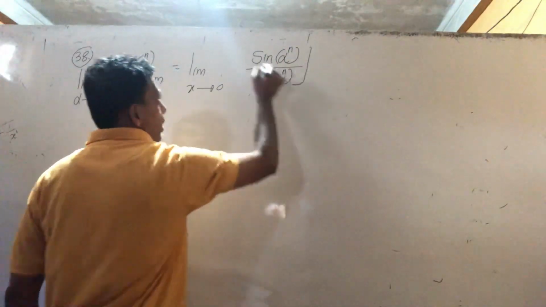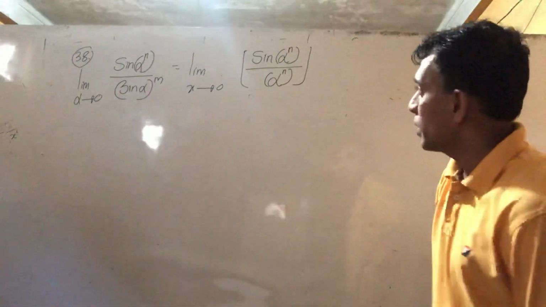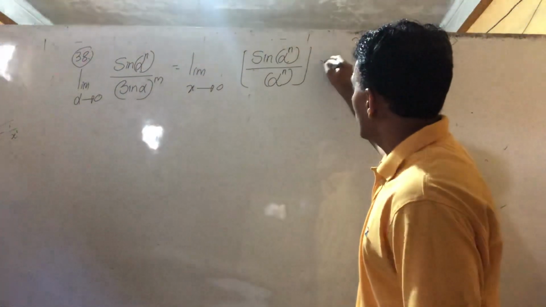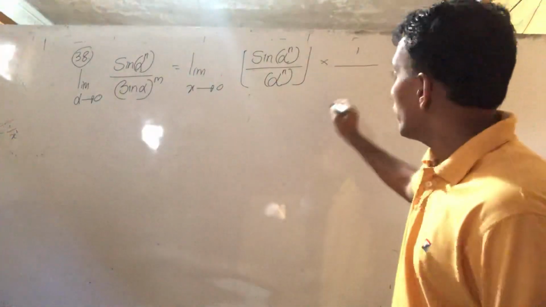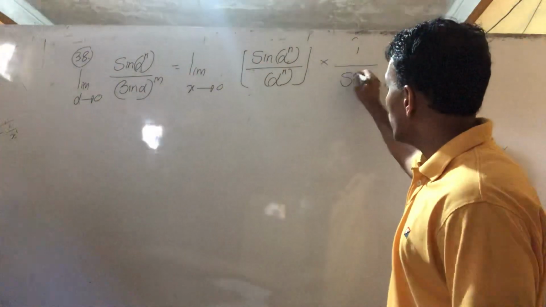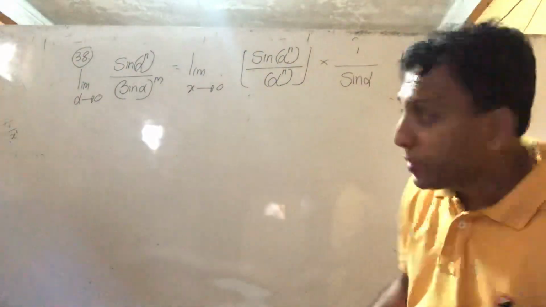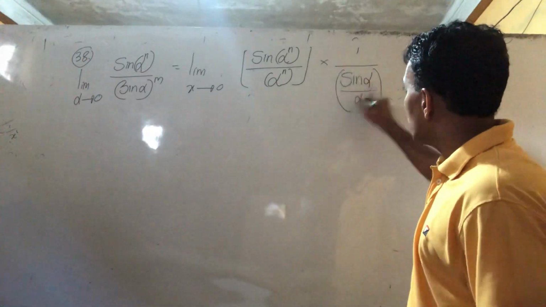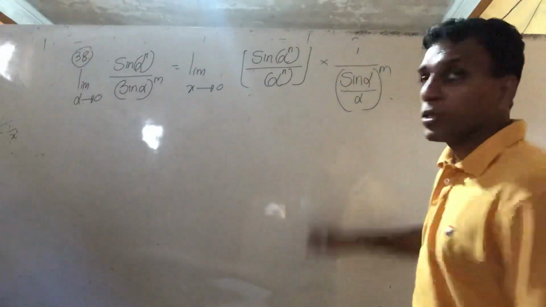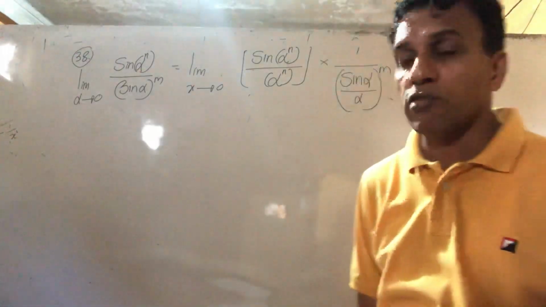And here, 1 over sine alpha, completely to the power m. You can write alpha below also, because we want the sine alpha over alpha pattern.